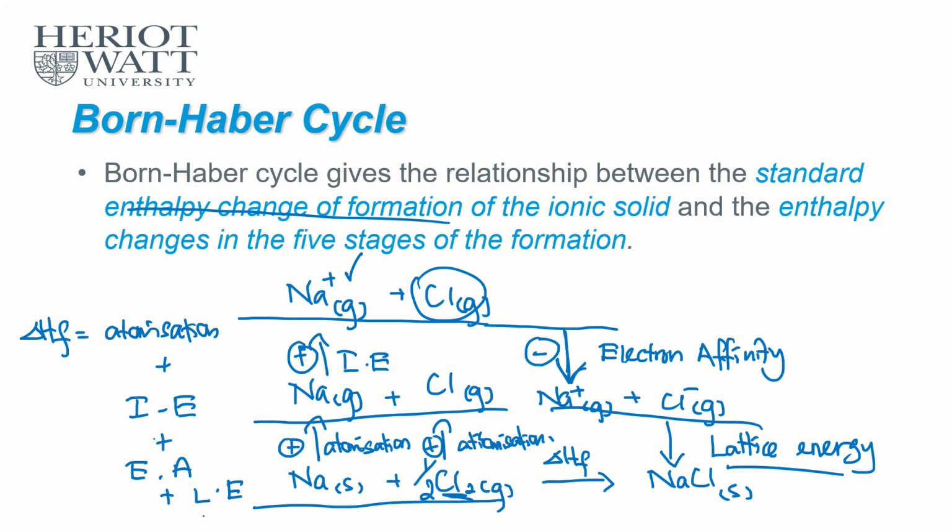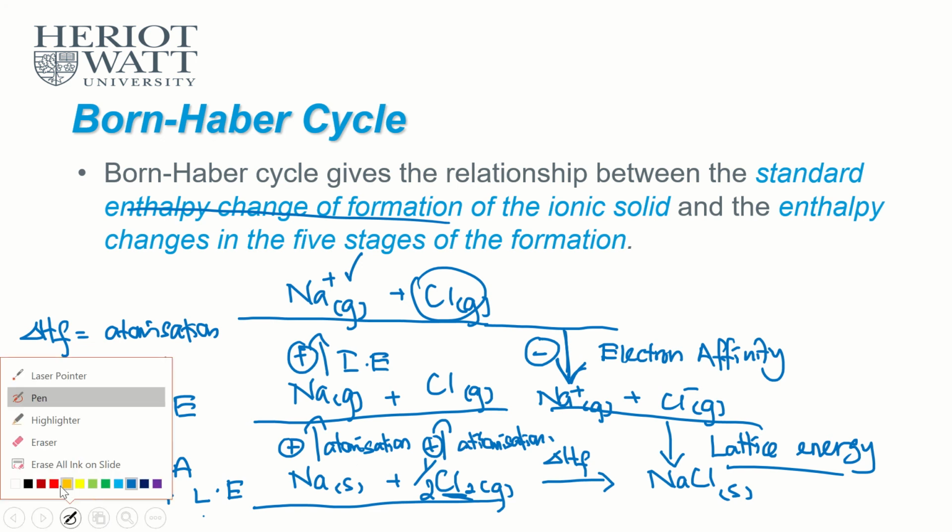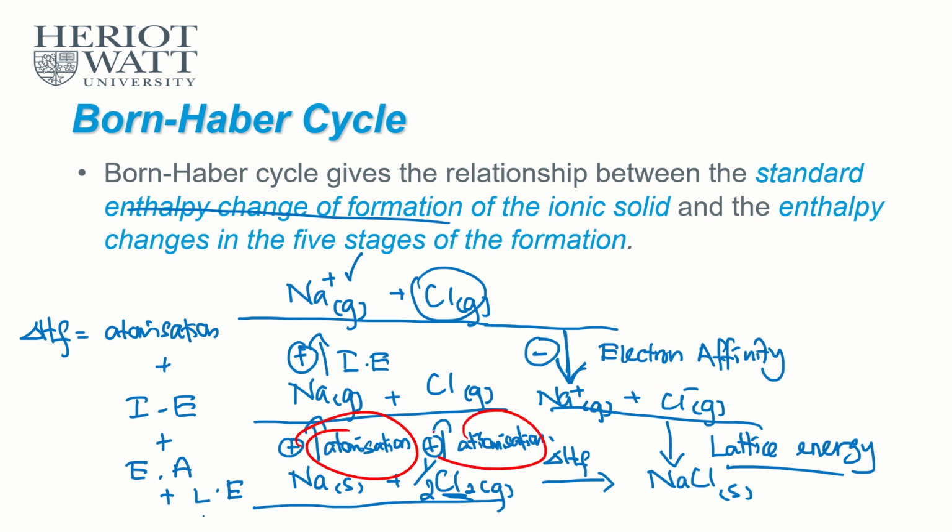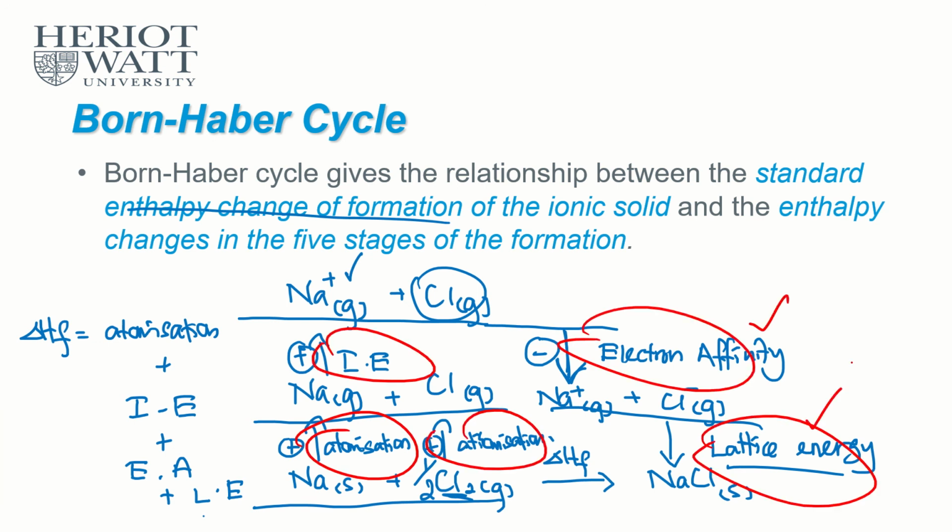I'm using short form here. So basically you're adding up everything here. Bear in mind these two will be negatively signed. So when you add up everything, you get the total energy called the enthalpy change of formation for the formation of 1 mole of solid. Now this is the Born-Haber cycle. Okay, so let's check out an example here.